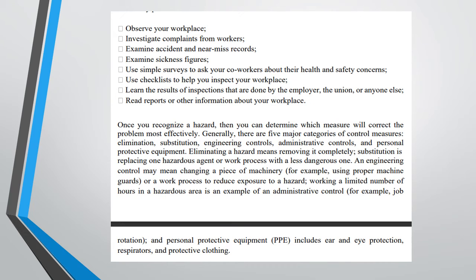One is to observe your workplace, investigate complaints from workers, examine accident and near miss records, examine sickness figures, use simple surveys to ask your coworkers about their health and safety concerns, use checklists to help you inspect your workplace, learn the results of inspections done by the employer, the union, or anyone else, and read reports or other information about your workplace. Once you recognize a hazard, then you can determine which measure will correct the problem most effectively.